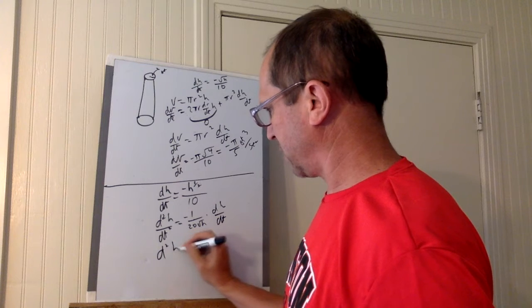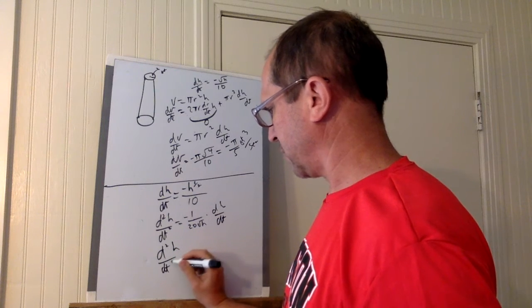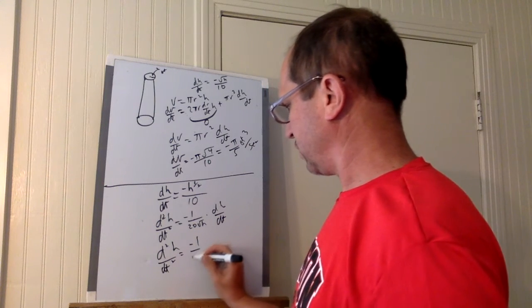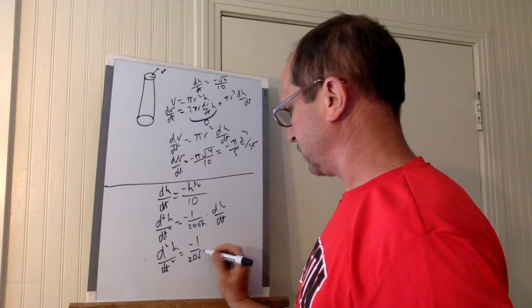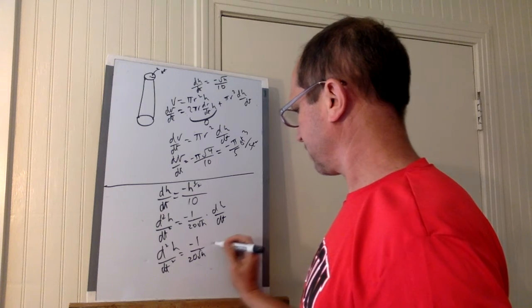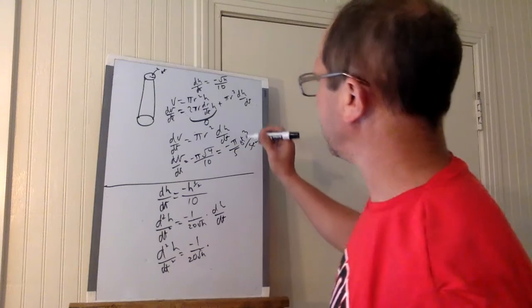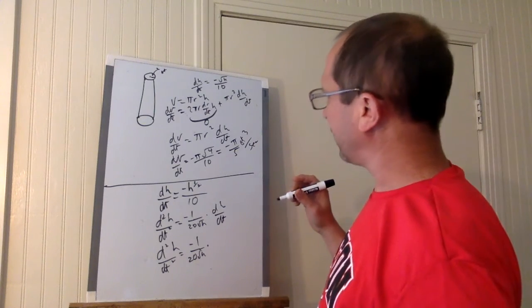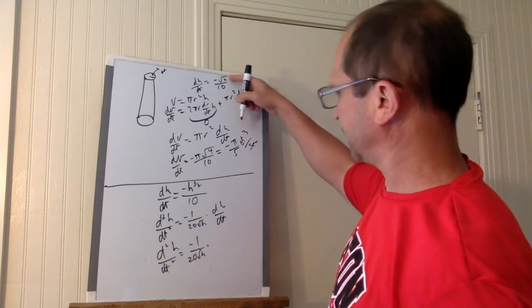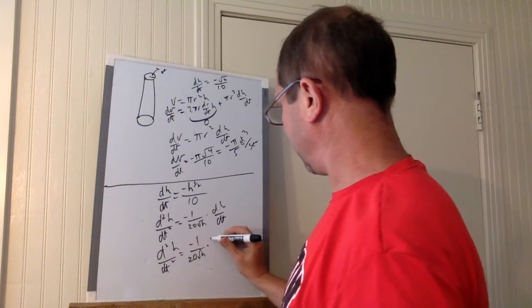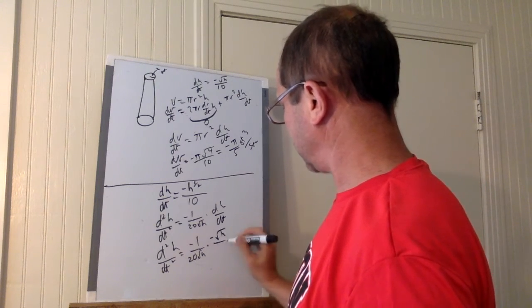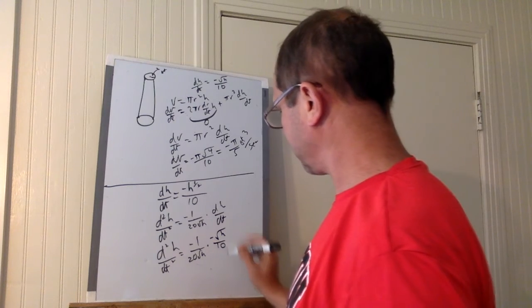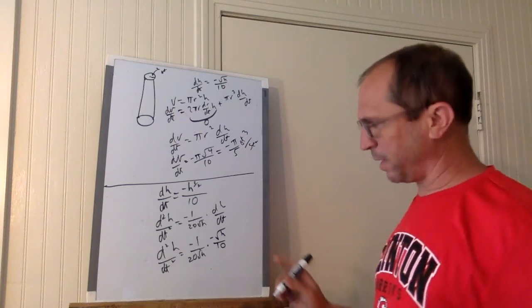So d squared h/dt squared is negative 1 over 20 square root of h times, all right, dh/dt is again the negative square root of h over 10. So now we can plug in the 3.